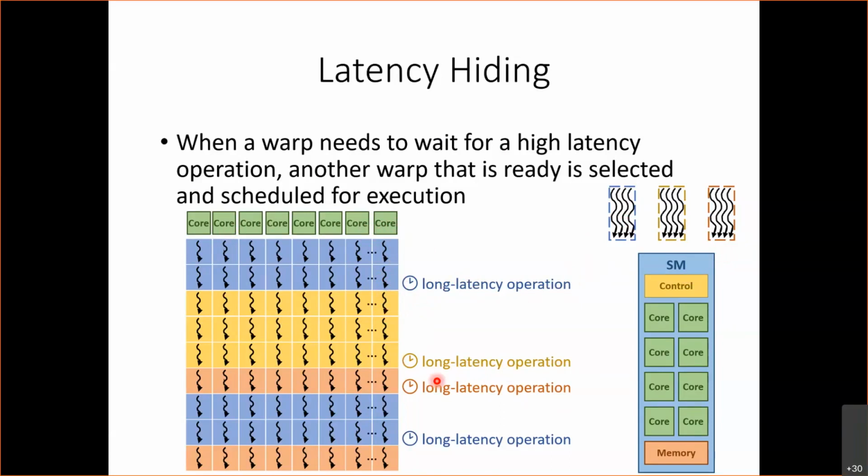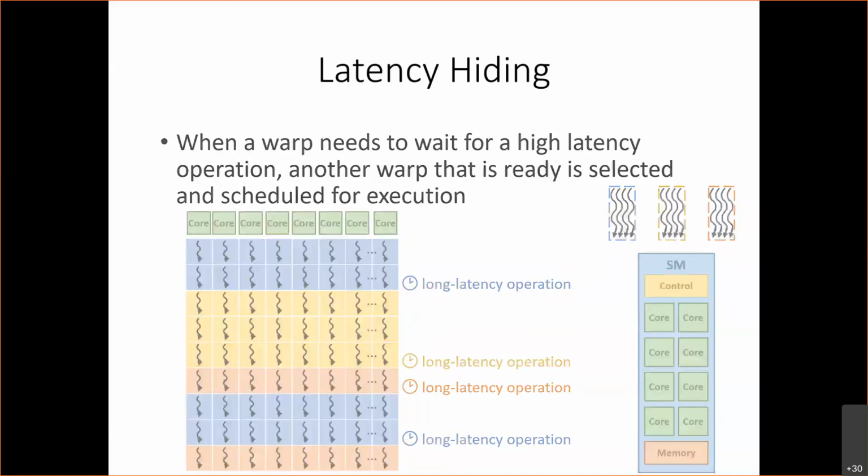So to maximize the probability that I will find a warp that is ready to execute when a previous warp encounters a long latency operation, I want to have many more warps than I have cores. Sorry, I want to have many more warps than the number of warps that I can execute at the same time. Or in other words, I want to have many more threads assigned to the SM than the threads that I can execute at the same time.